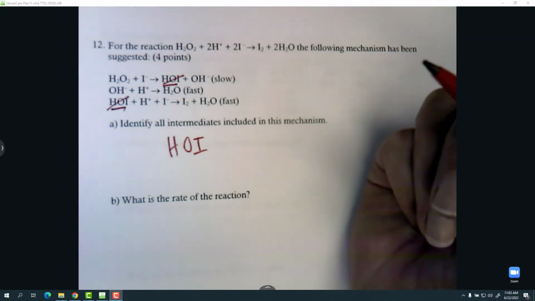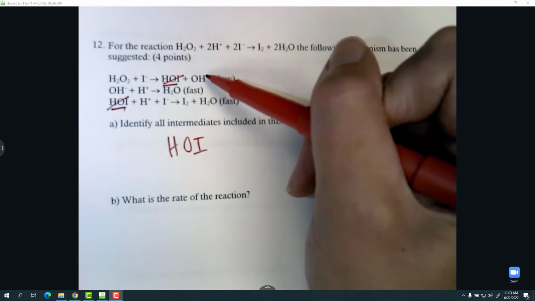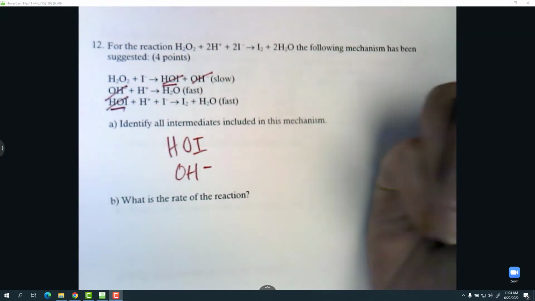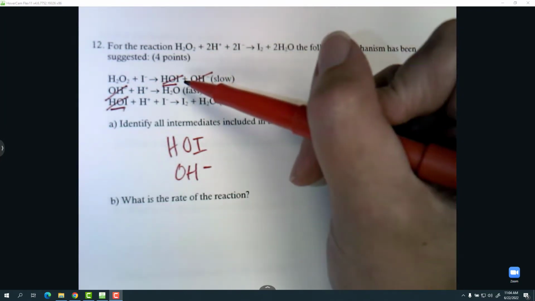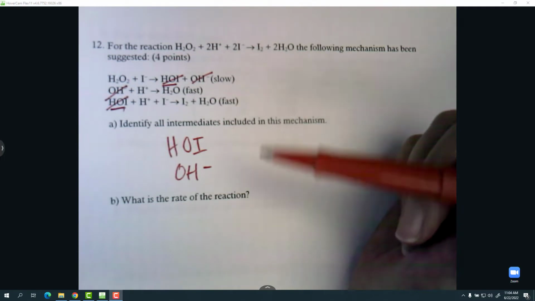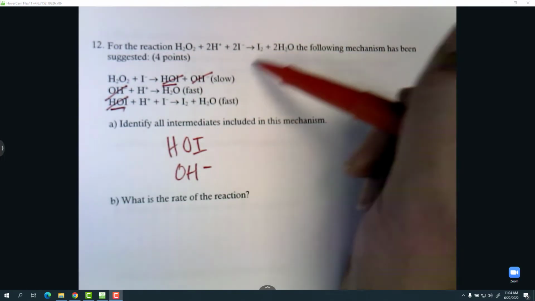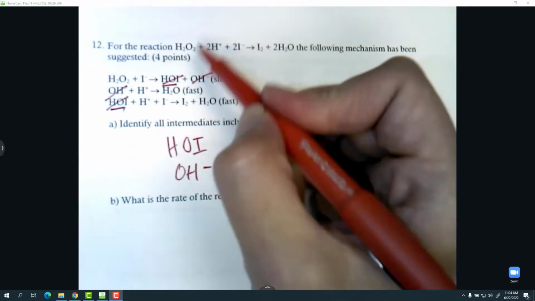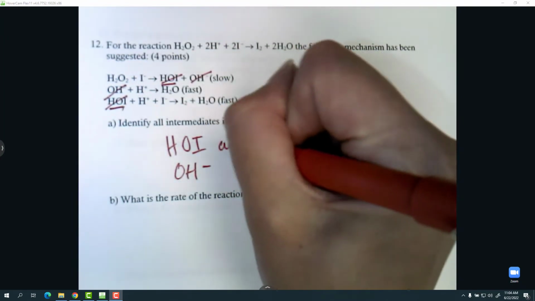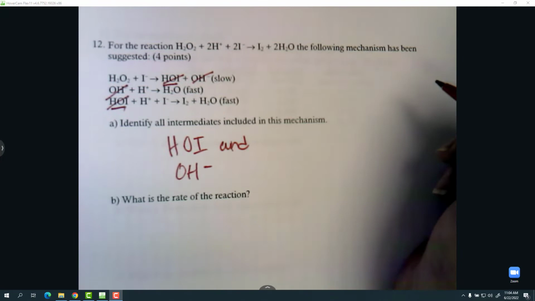That's an intermediate. OH is made here and it's used up here. Yep, that's an intermediate as well. H2O is made here. It's not used up. It's actually a product, so that stays. I2 is a product, H2O. So if everything else is a reactant or a product, which it is, then that's it. HOI and OH minus.